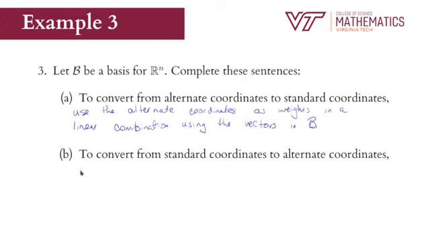So let's say form an augmented matrix with the vectors in B on the left and the standard coordinates on the right.